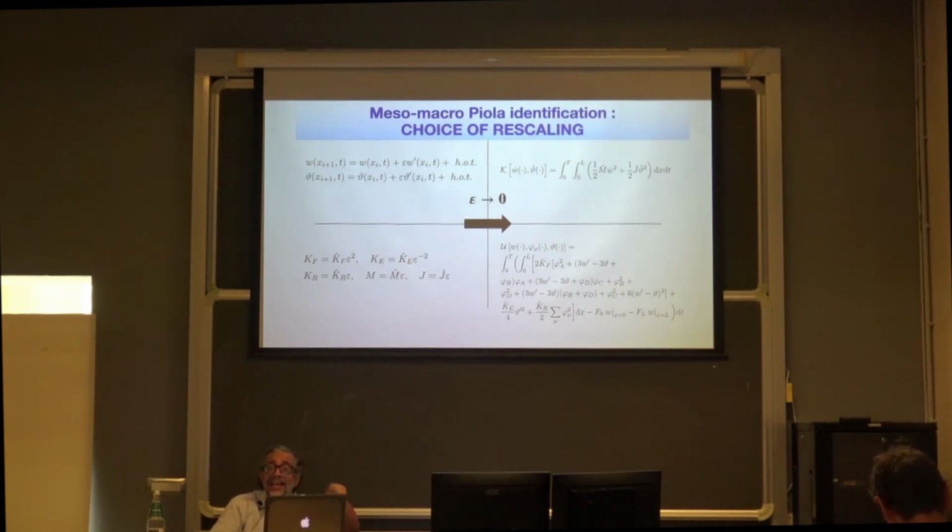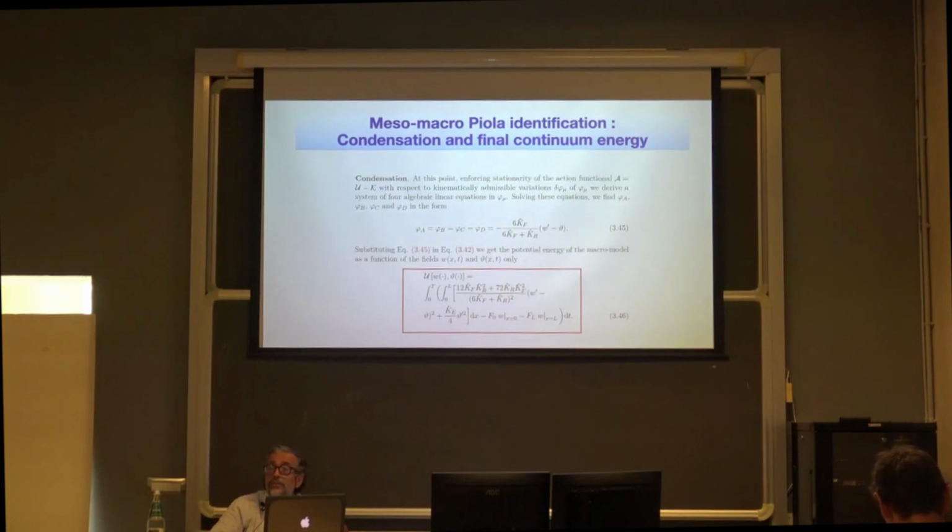Rescaling of the elastic and kinetic energy parameters, you get this energy which you have written down. Condensation: everything which does not depend on derivatives, you can minimize with a standard minimization argument.